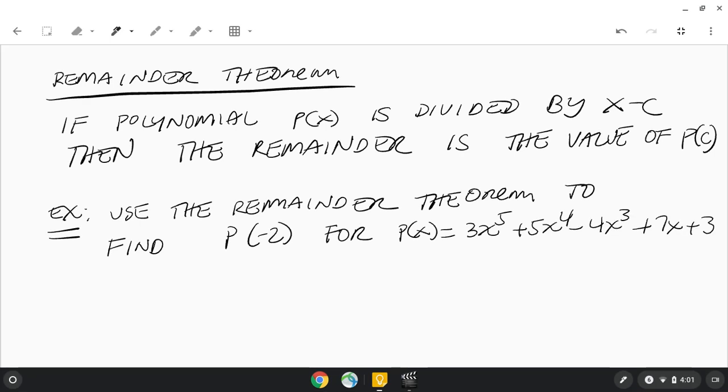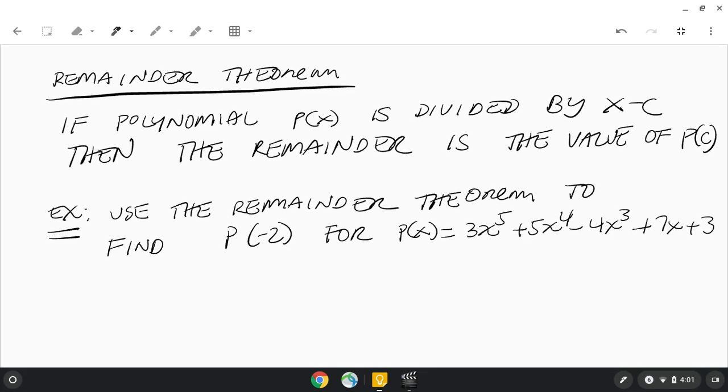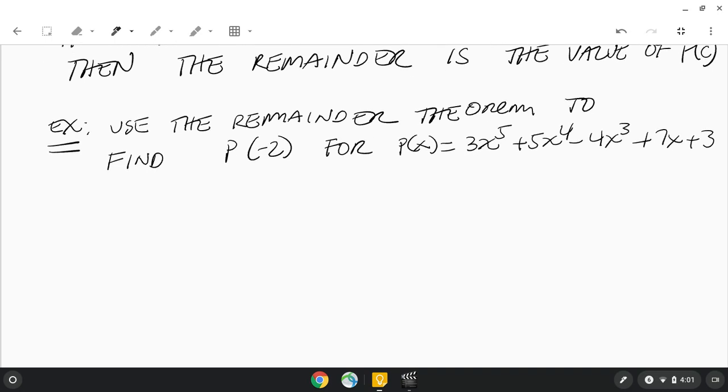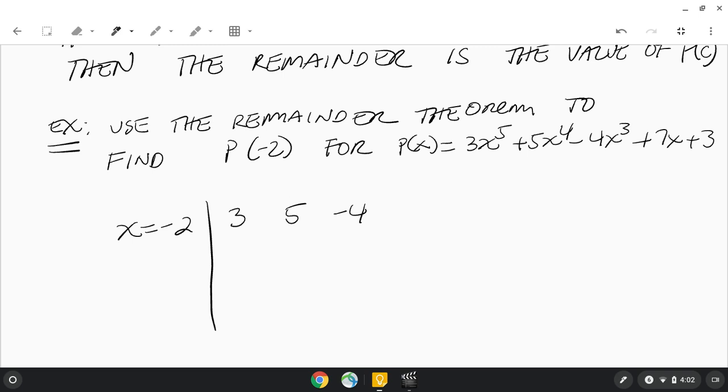Okay, so a really long function here, and it would be kind of a pain to plug in -2 into all of those x's and work them out if I didn't have a calculator, right? So instead of replacing all those x's with -2, what you can do is do synthetic division for x equals -2. So 3, 5, -4, 0 placeholder because x squared is missing, 7, and 3.